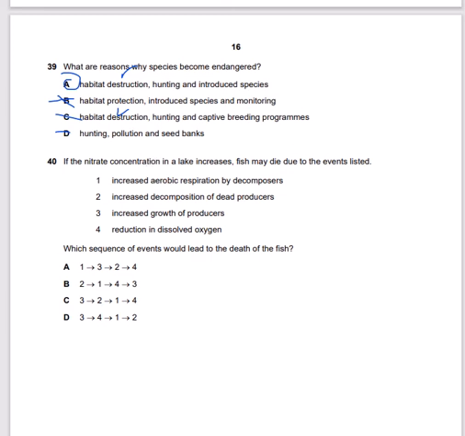So eutrophication is when the fertilizer runs off with the surface water. So nitrate enhances the growth of producers, right? So this would be the first one, rejecting A and B. Alright, and then when you increase the growth of producers, they use oxygen. This reduces the amount of oxygen.